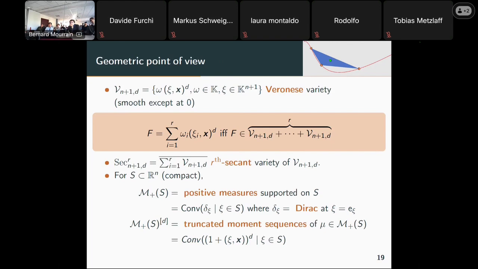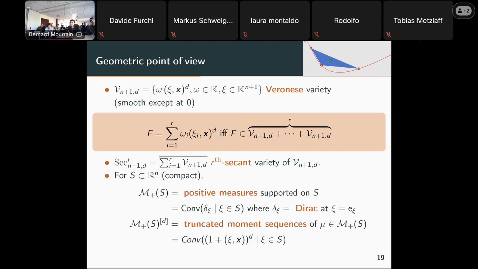In terms of measures and moments and sequences of moments, to simplify things, let's consider measures defined on a set S, which is a compact subset of Rn. The positive measures supported on S form a space used in polynomial optimization, approximated by moment hierarchies.